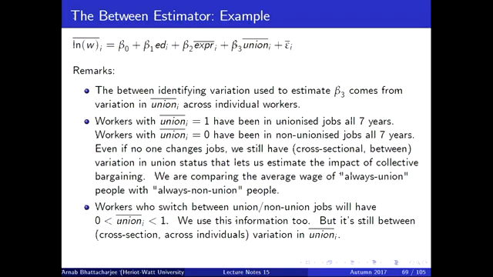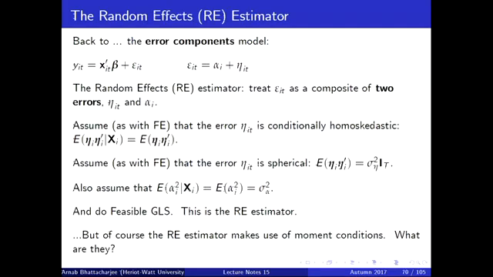So that was within variation. Now we are exploring between variation, which is the variation across individuals. Okay, between estimator. Everybody comfortable with that?